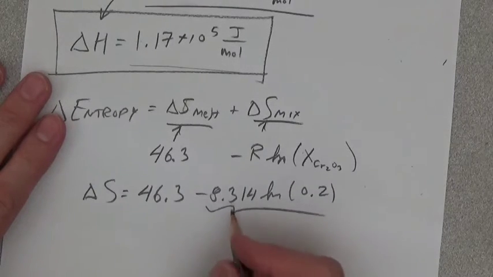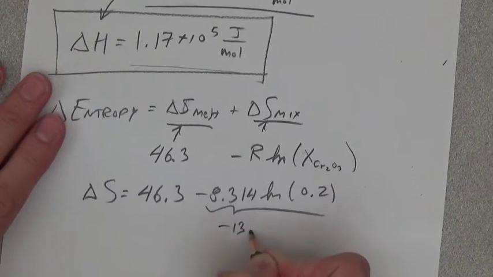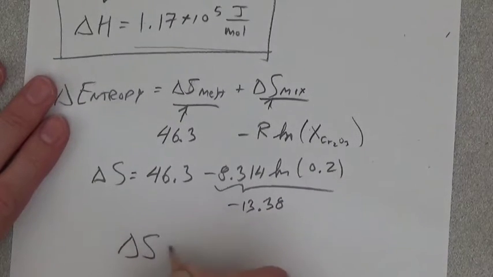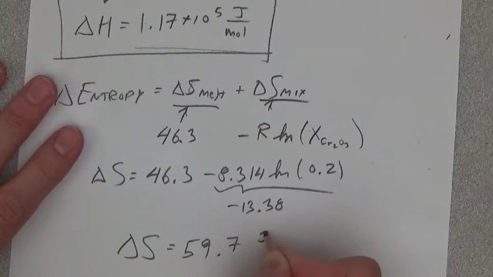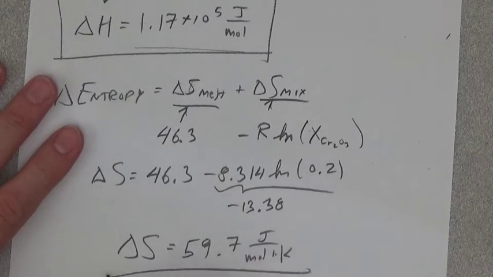That is equal to minus 13.38. So delta S is equal to 59.7 joule per mole K.